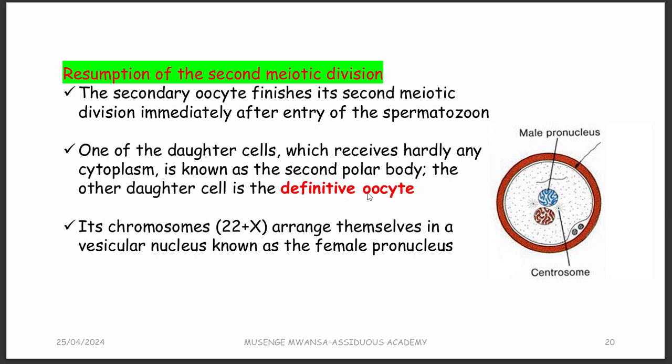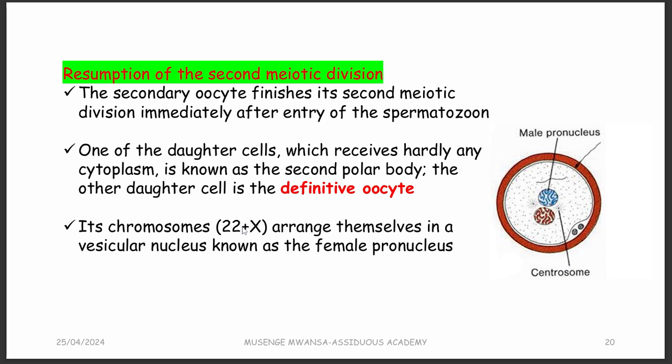but the secondary oocyte is the one that will become the definitive oocyte, which is fertilized now. This definitive oocyte has 22 somatic chromosomes and then one X chromosome. In a sperm, you have 22 somatic and then one Y, because Y is for males.